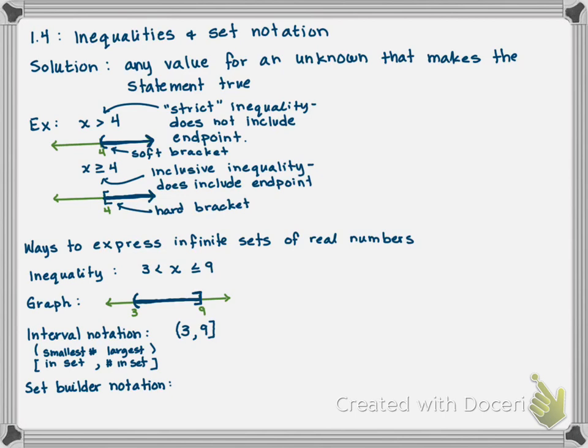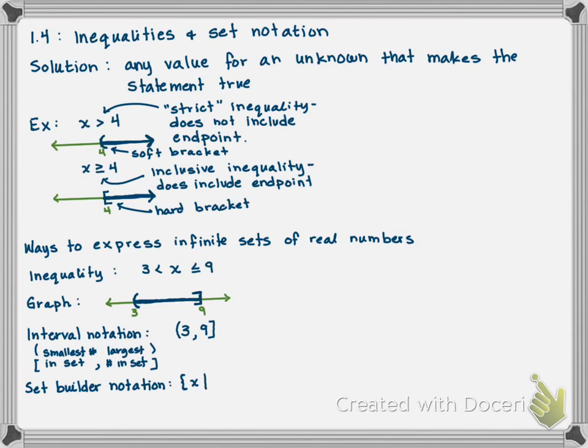So set builder notation is a curly bracket. Sets in general, anytime you see curly brackets, other than if they're just being used in the place of parentheses, they always represent sets. Then we write x, which tells us what variable we're using to represent a member of the set. So x is the variable we're going to use to represent whatever is a solution to this.